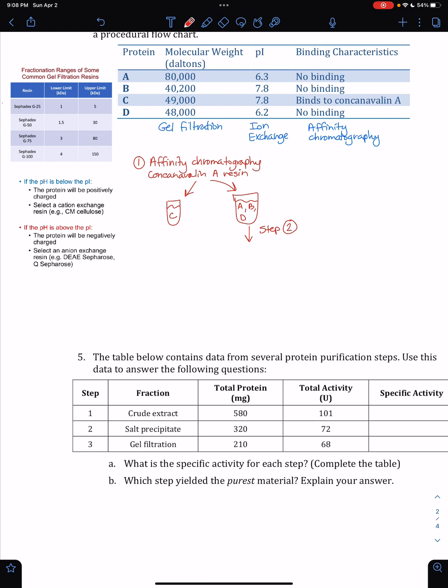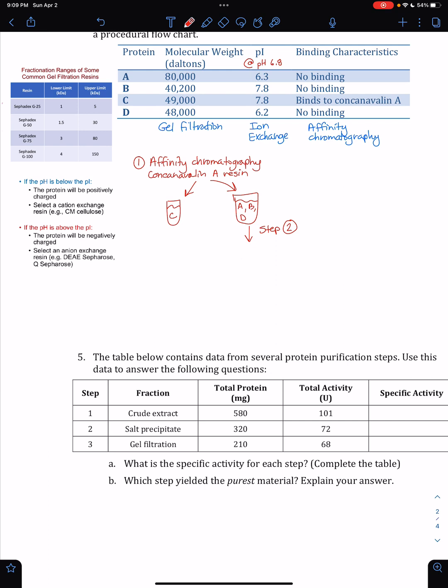And what I'm going to do is, so remember, if your pH is below your isoelectric point, your protein's going to be positively charged. So I'm going to say, if I do pH 6.8, then what are the charges of these going to be?